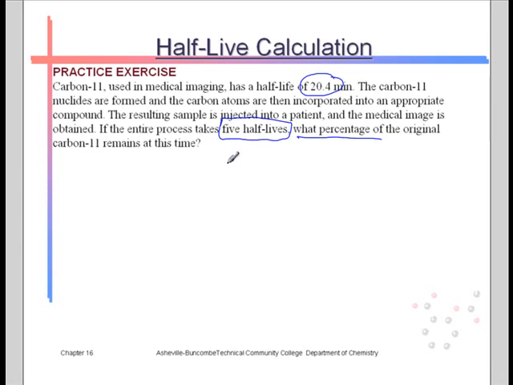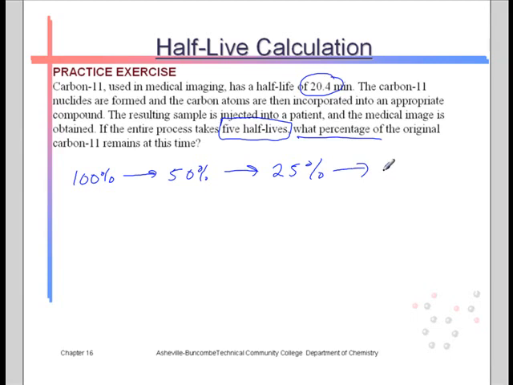The easiest way to do this particular problem, in my opinion, is to say, at the beginning I have 100% in front of me. After 1 half-life, I go to 50%. After another half-life, I go to 25%. Do you see where I'm going with this? You just go through 5 different half-lives.